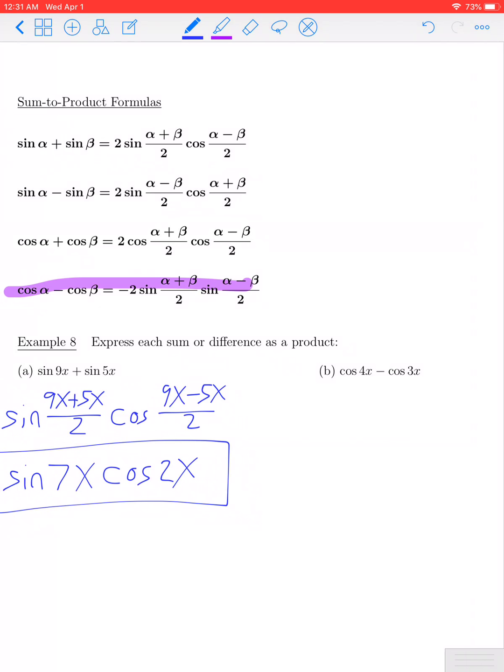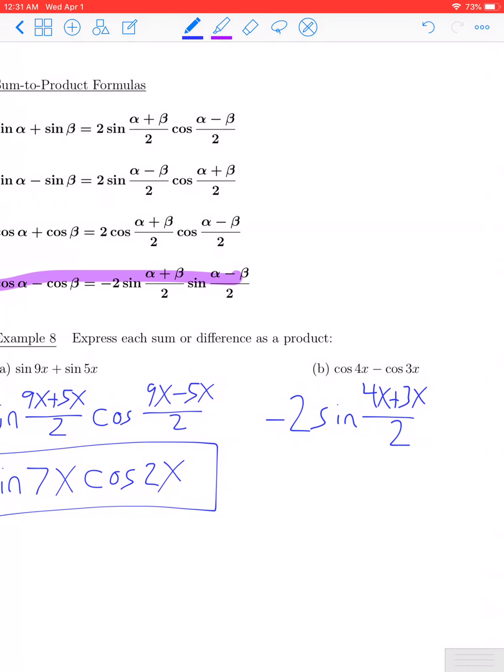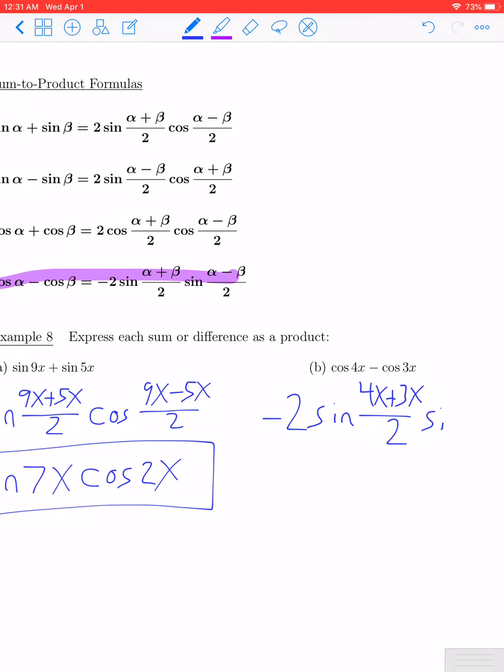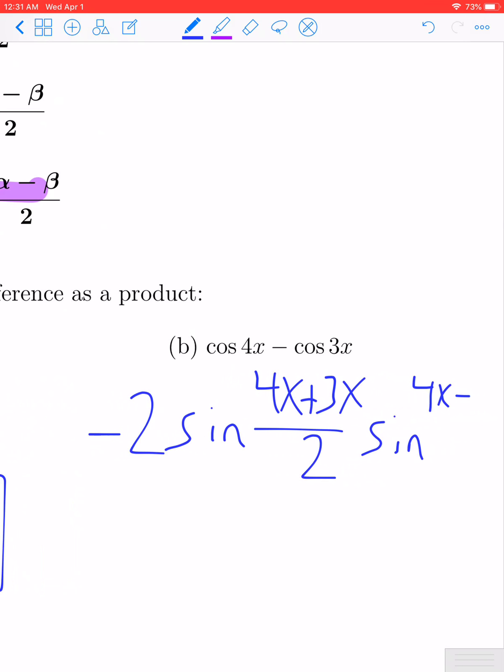This is going to be equal to negative 2 times the sine of the first angle plus the second angle divided by 2, times the sine of the first angle minus the second angle divided by 2. And then again, the last step is just to simplify the arguments.